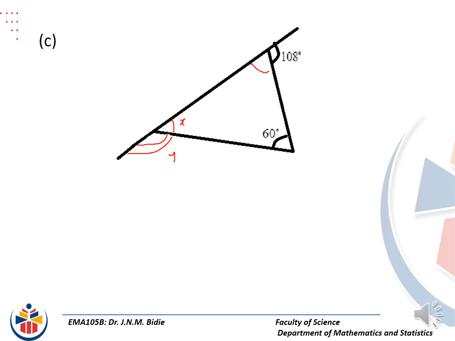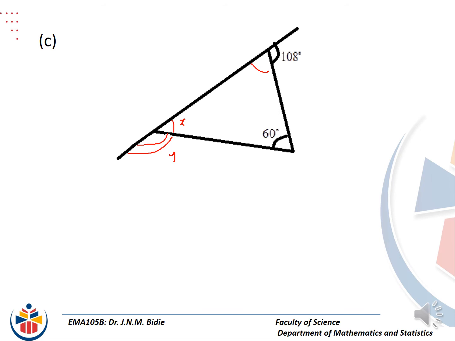Or we may not even need that. All we know is that 108 is the exterior angle. It is equal to the sum of the two interior opposite angles. So X is 108 minus 60 degrees.